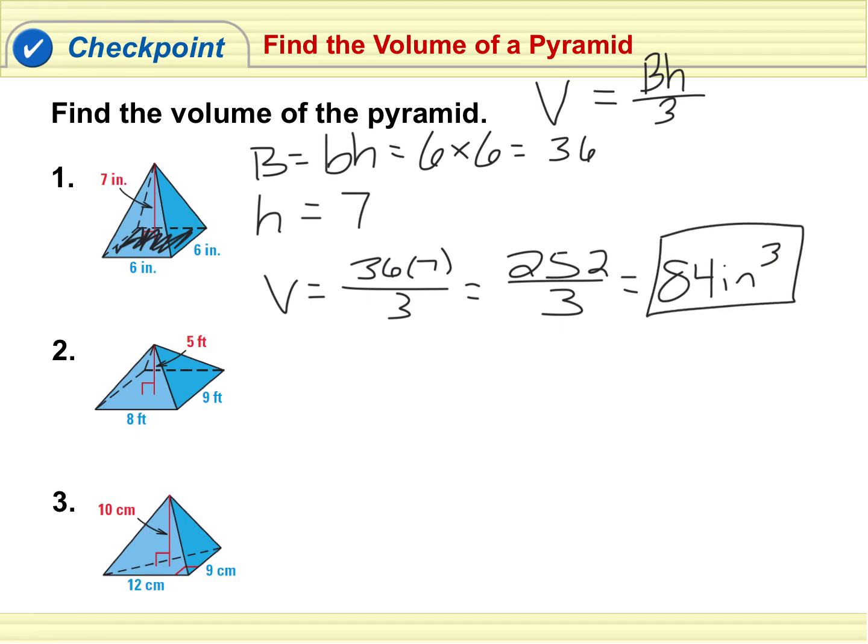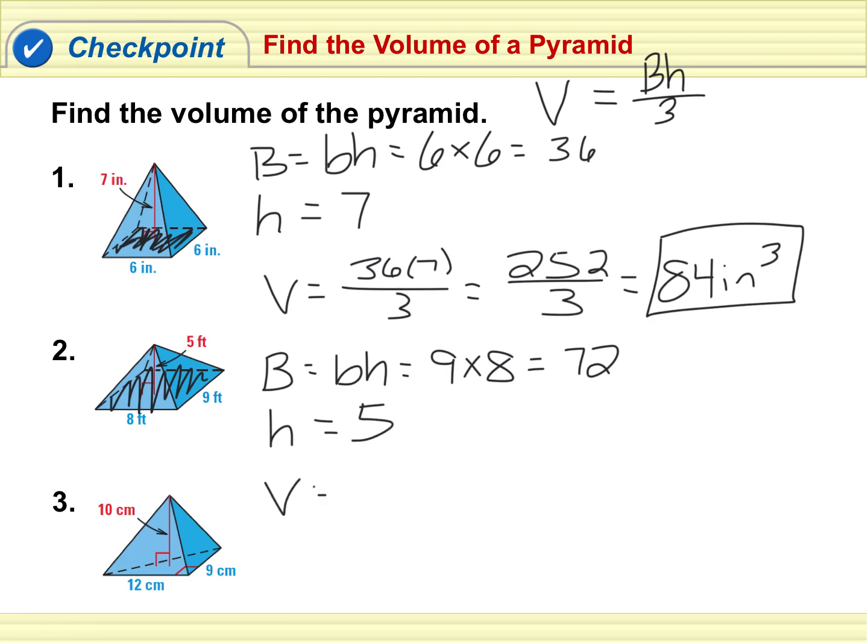Okay, last one here, number 2. What's the base shape? Rectangle. Okay. How do I find the area of a rectangle? Base times height, which is 9 times 8. 72. Height, what's the height? 5.